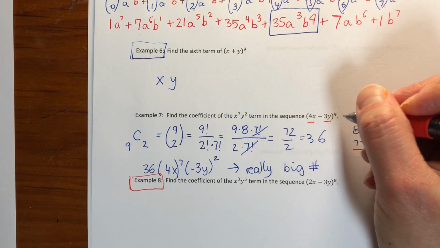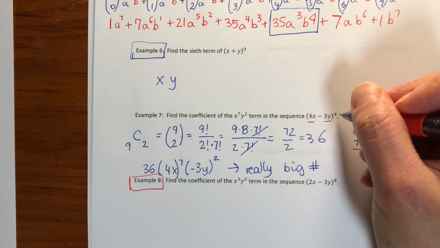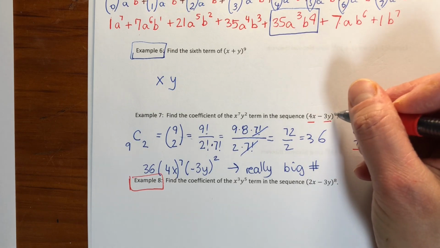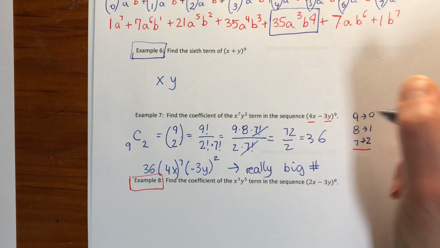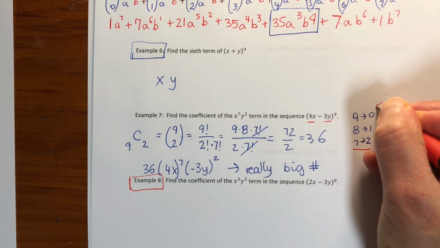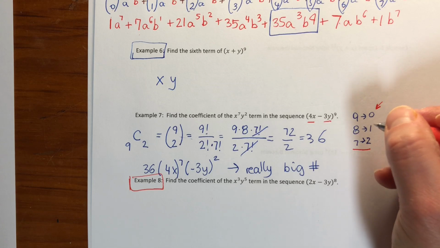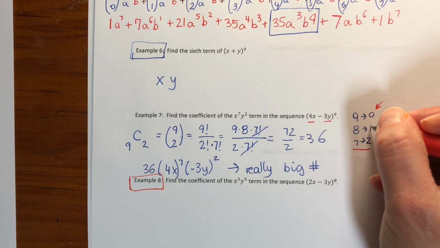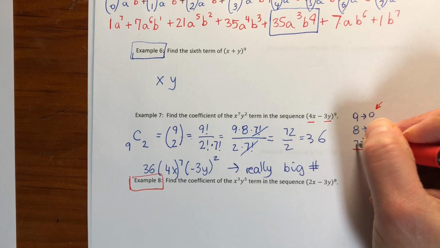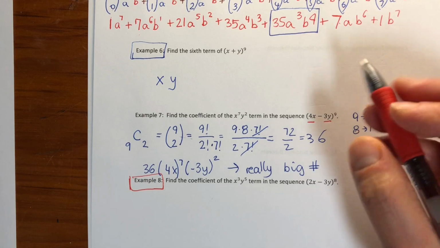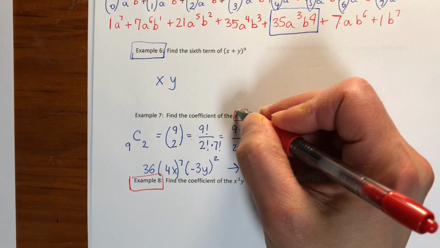Because it is to the 9th power, if x was to the 9th power, it would be the term 0, and this is again always something to remember. We do have to have the term 0. If it was 8th power, then it would be 1. If it was 7th power, it's 2, and that's exactly what we have.